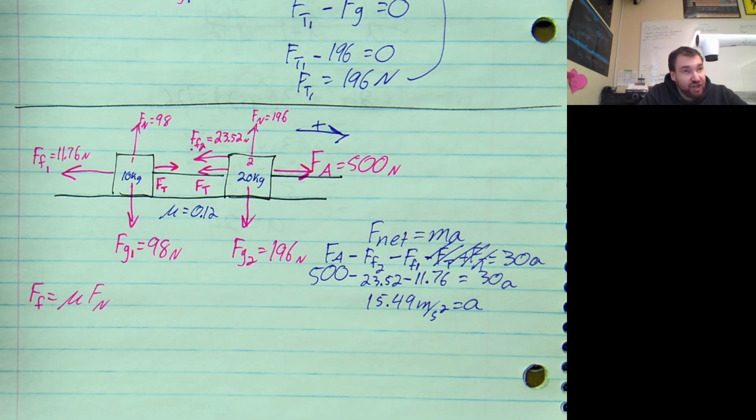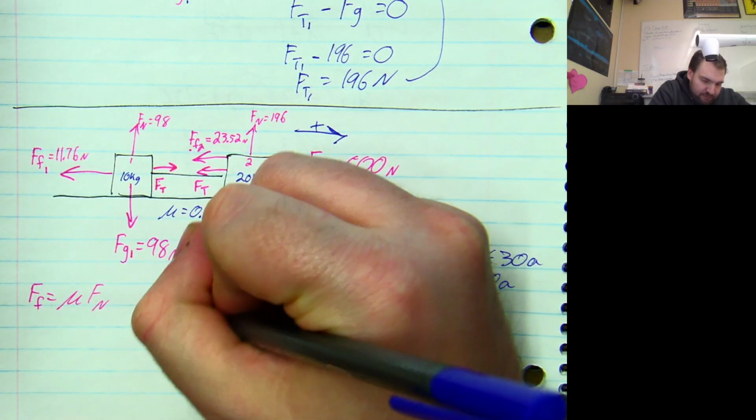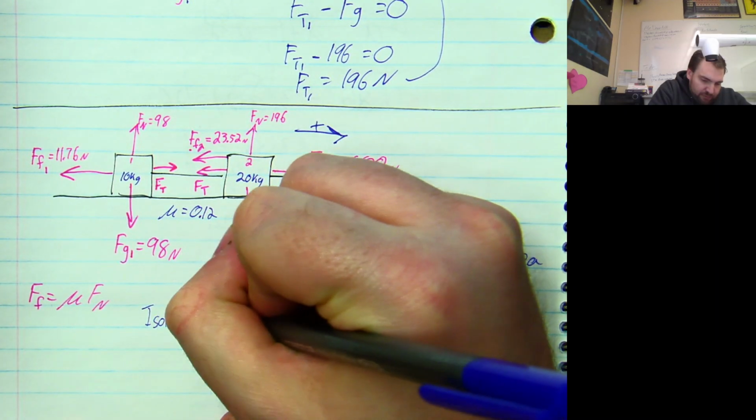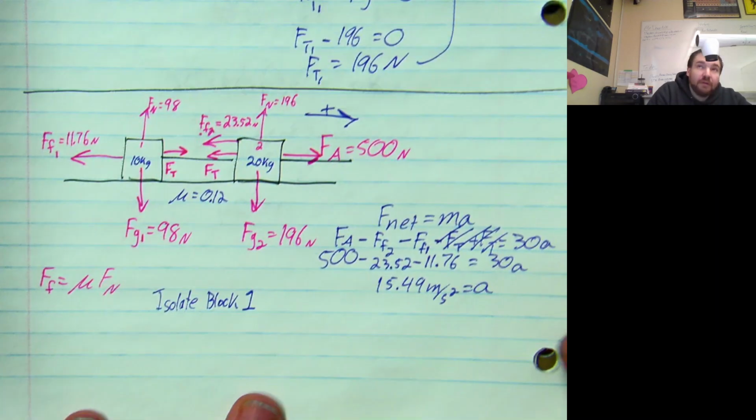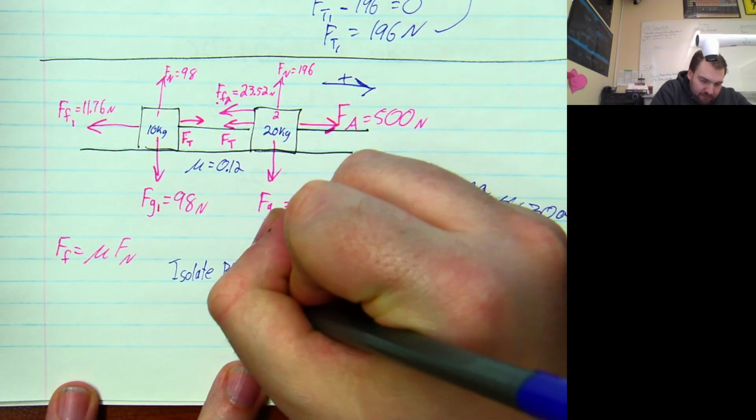Then to find tension, we isolate one block. Which block do you want to isolate? Left one makes more sense. There's less going on with the left block. So we're going to isolate block 1. So now I'm going to get F net equals ma.